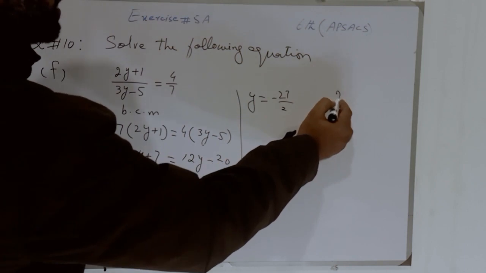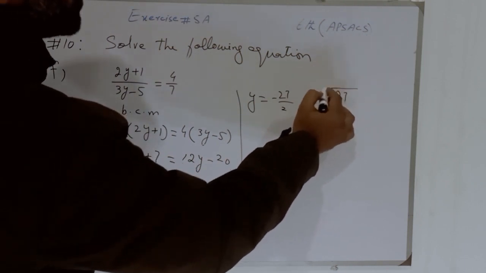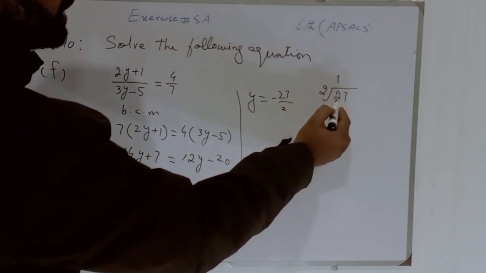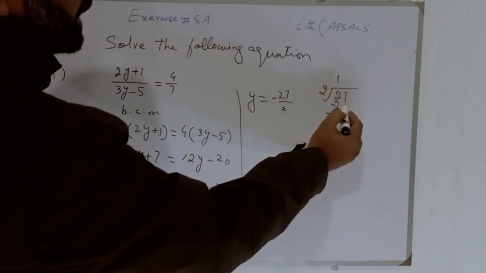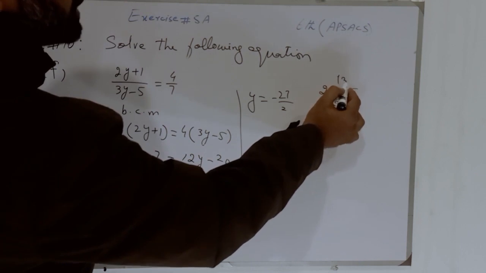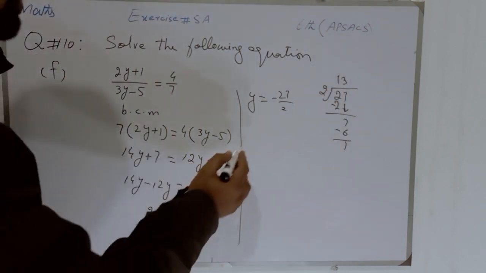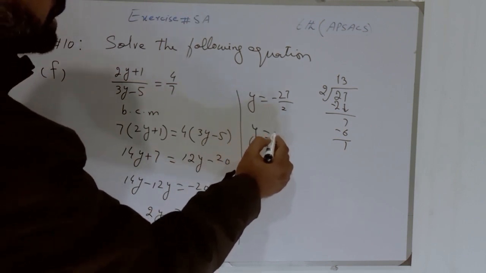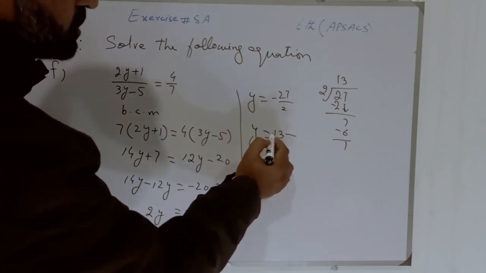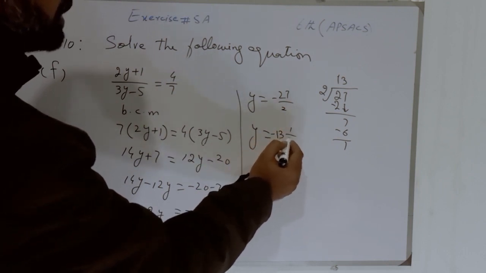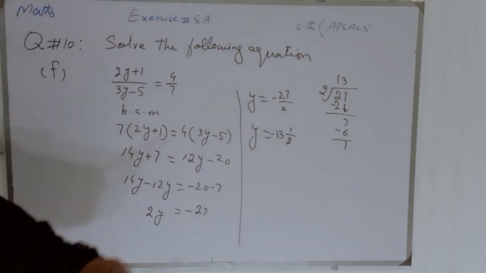Now divide 27 by 2 to convert this improper fraction into a mixed number. 2 ones are 2, then the next digit is 7, 2 threes are 6, and the remainder is 1. So the value of y will be minus 13 whole number 1 over 2. So it is the value of y.